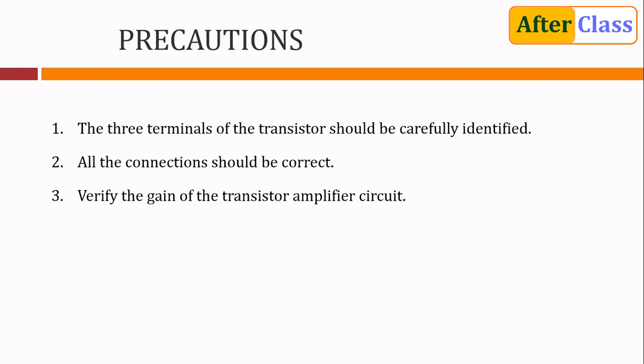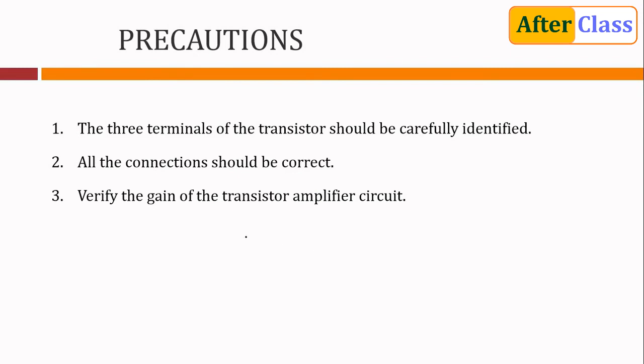Precautions: just like for the last 2-3 experiments, we have been categorically saying that the 3 terminals of the transistor should be carefully identified, because each terminal has a different function to perform. We simply cannot interchange them. All the connections should be correct, and verify the gain of the transistor amplifier circuit. How do we verify that the transistor circuit is working?